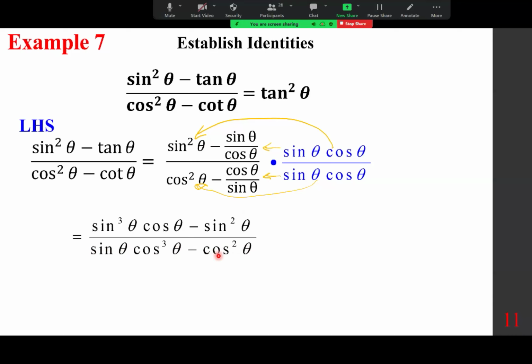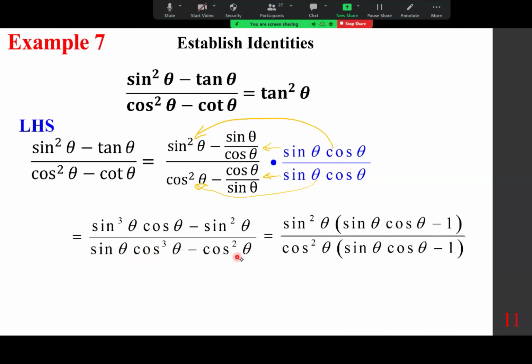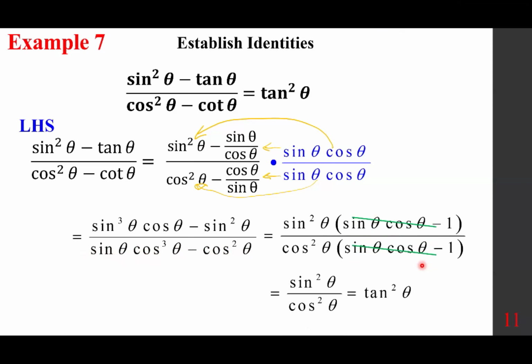And from the bottom, we can take out cosine squared, so we get cosine squared times sine theta cosine theta minus 1. So factor accordingly. We can cancel the common factor and we're left with sine squared over cosine squared. Since sine over cosine is tangent, it must be tan squared. So pretty straightforward, everybody.